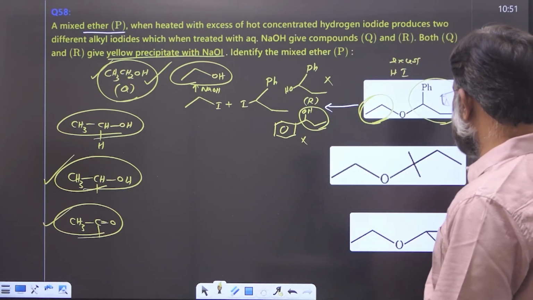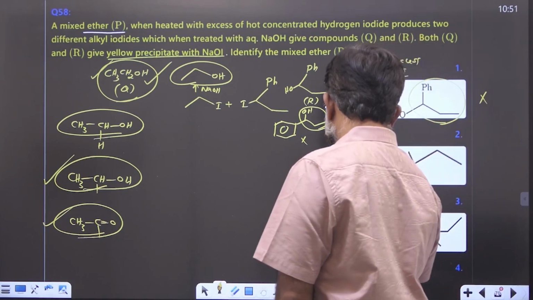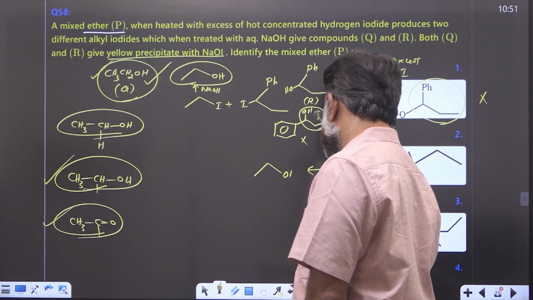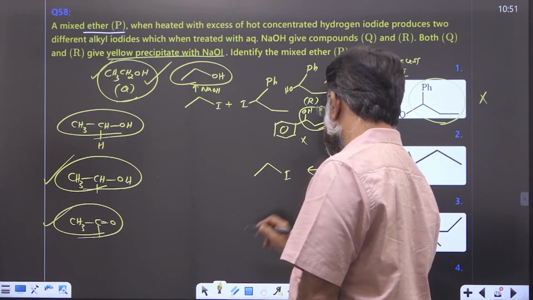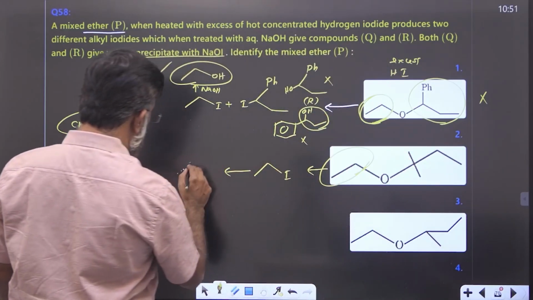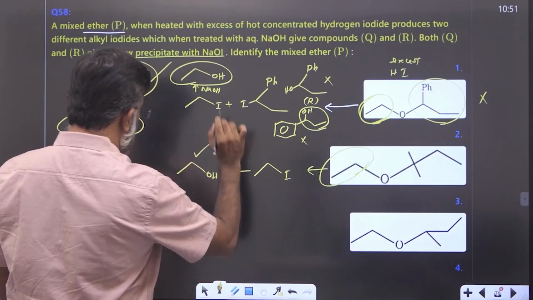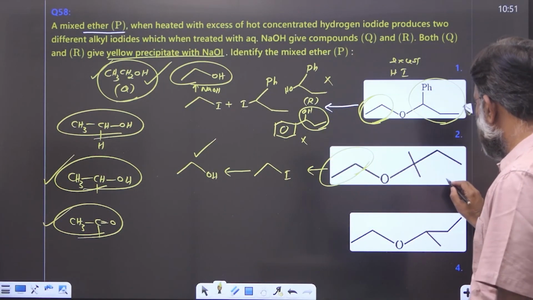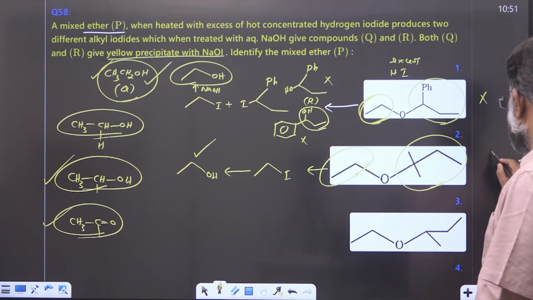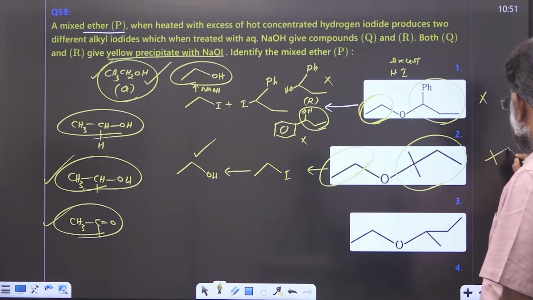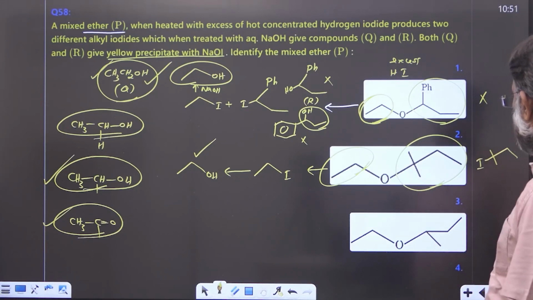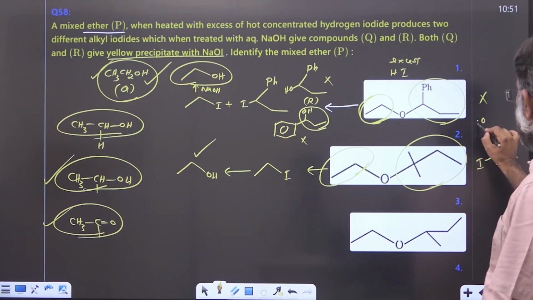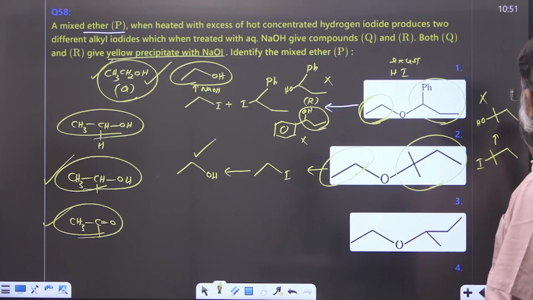What about second choice? Once again, this part will be converted to ethyl iodide, and further it will be converted to ethanol, and that is fit for giving haloform test, while this part cannot. This is the iodide we get, and when treated with NaOH, you get this molecule.